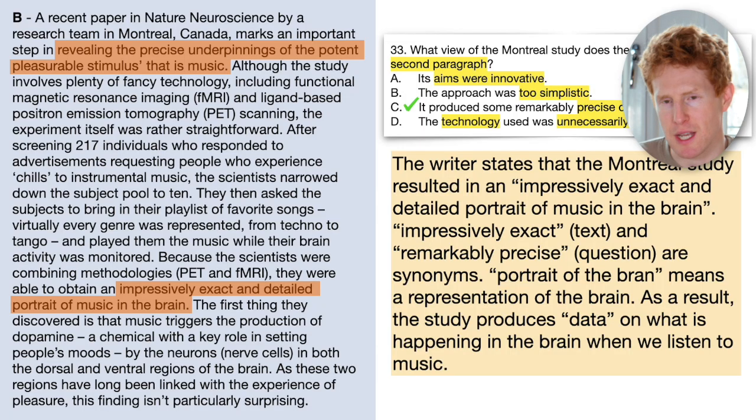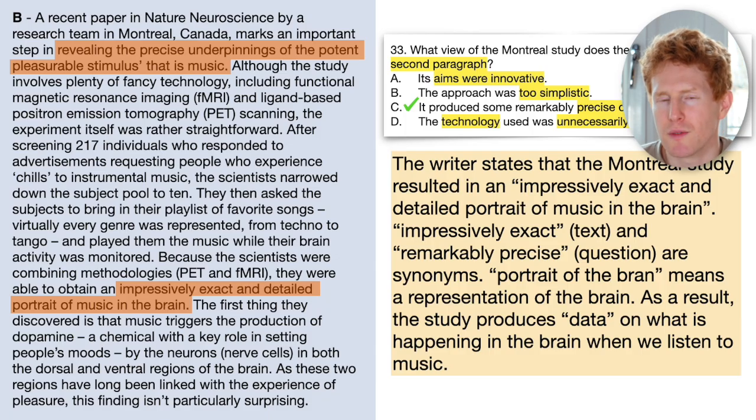That means they mean the same thing. Also, portrait of the brain means a representation of the brain. As a result, the study produces data on what is happening to the brain when we listen to music, and that data is precise, it's accurate. The answer is C. Like I mentioned, this one was a tricky one.